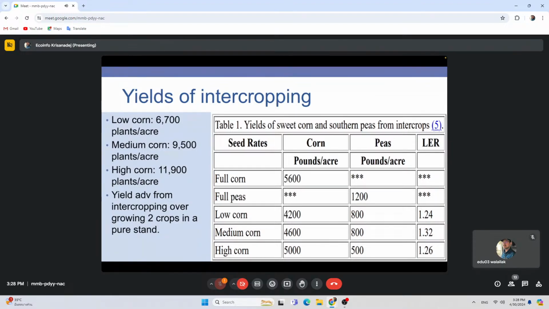As you can see, none of these is the same as you do only corn. And none of these receives 1,200 as you do only pea. But if you do all of these, if you were a farmer, which one would you choose? Should you do only full corn or full pea, or medium corn, low corn, or high corn?